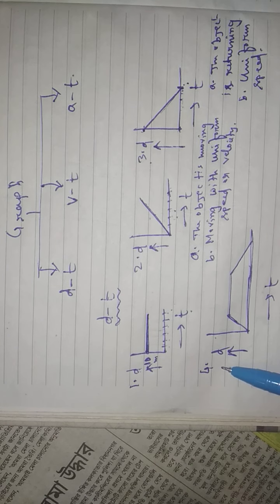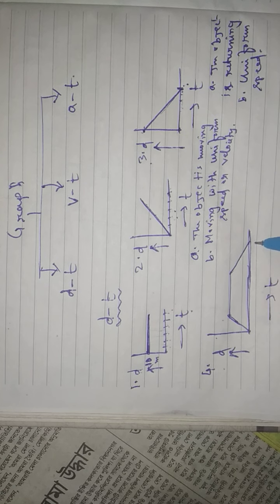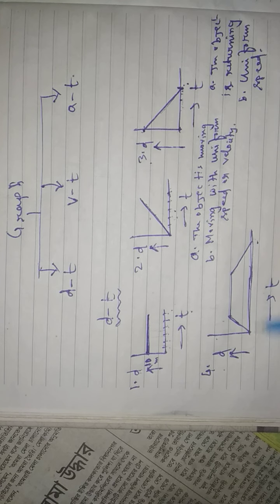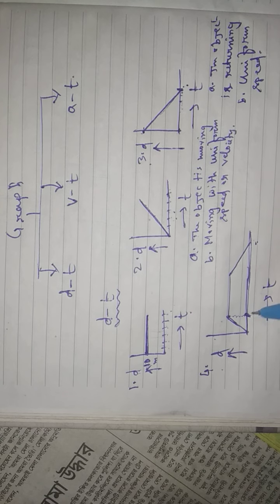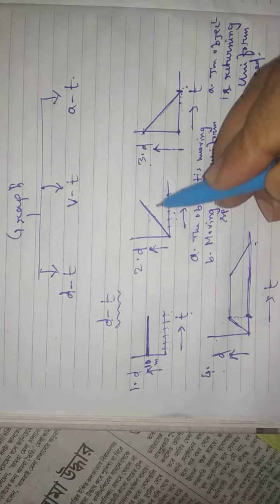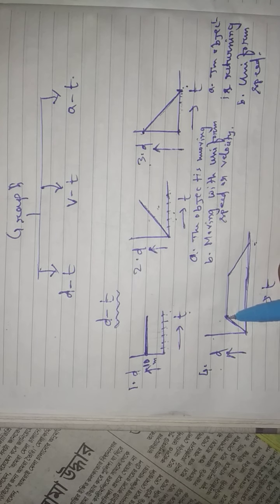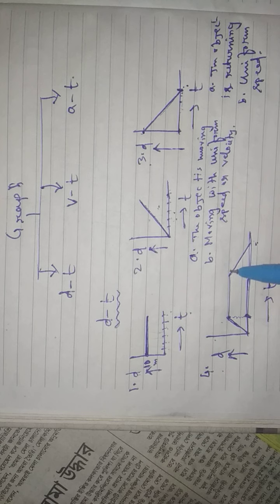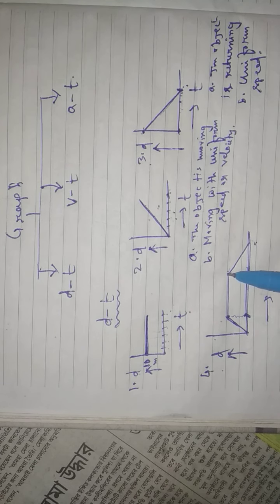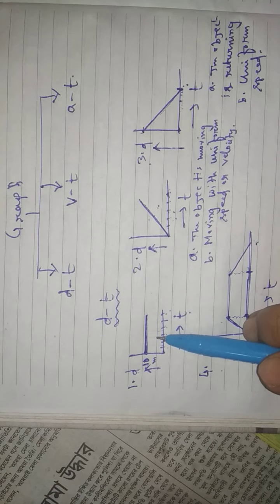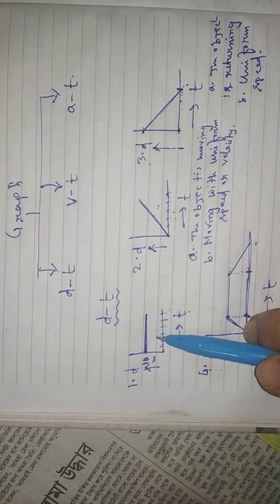and number 4, we have a trapezium shaped graph. This graph says till this time the object was moving, same as this one. From this time to this time the object was not in motion, that means it was in static condition, similar to this graph.